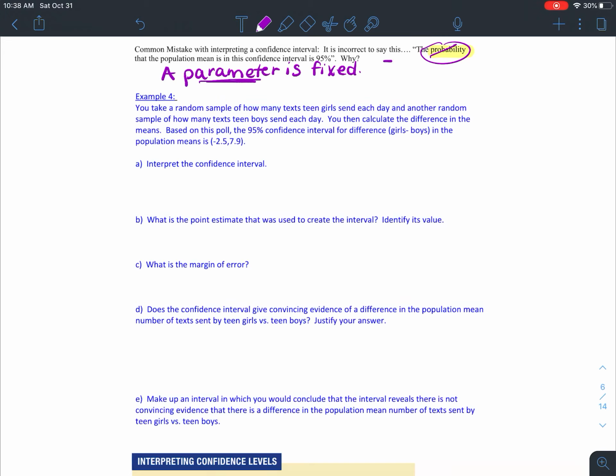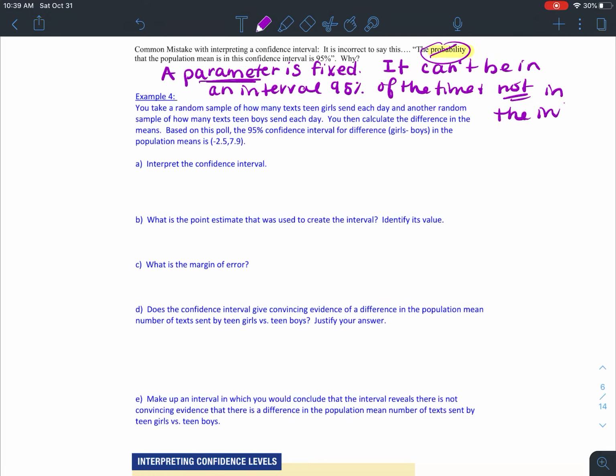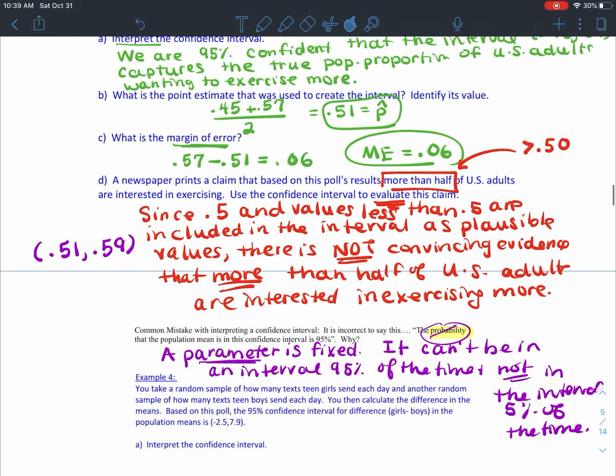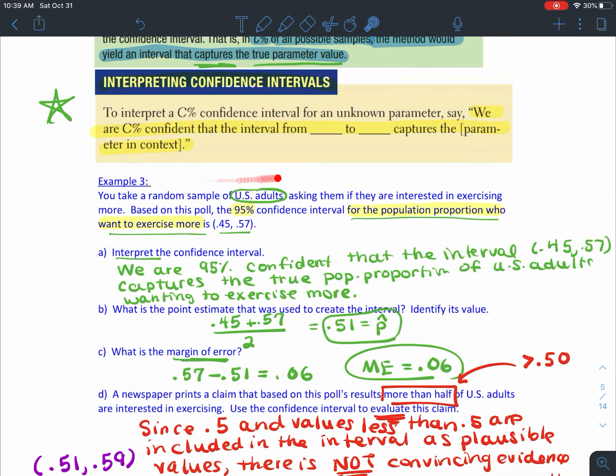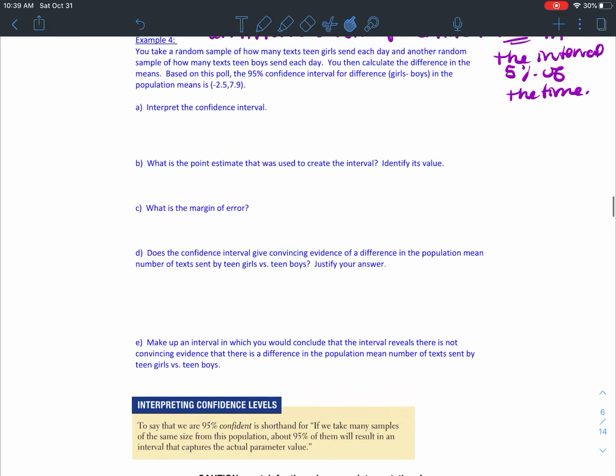Okay, so since it's fixed, it can't be in an interval 95% of the time and then not in the interval 5% of the time. Okay, so we never use the word probability when we're interpreting. We always just want to kind of stick to this interpretation here on the previous page.